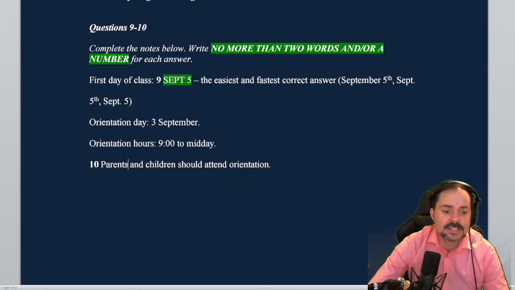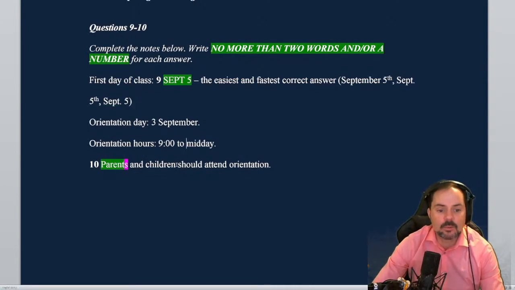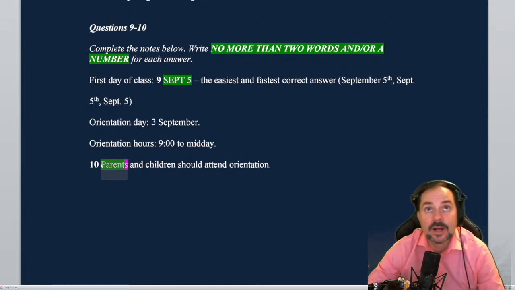Here, this S is super important. So you have to have that S. If you don't have that S there, you're going to think I mean, don't use it. But no, you need it. So parents, why? Because children is plural. Children is plural, parents has to be plural as well.